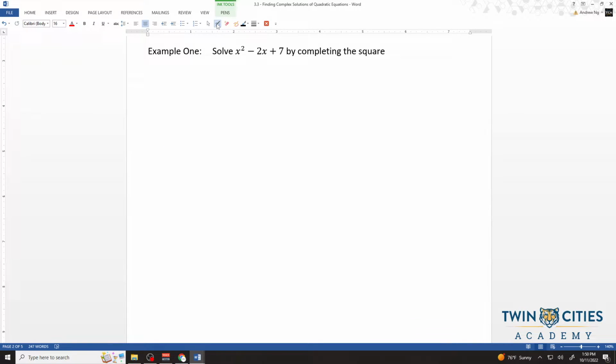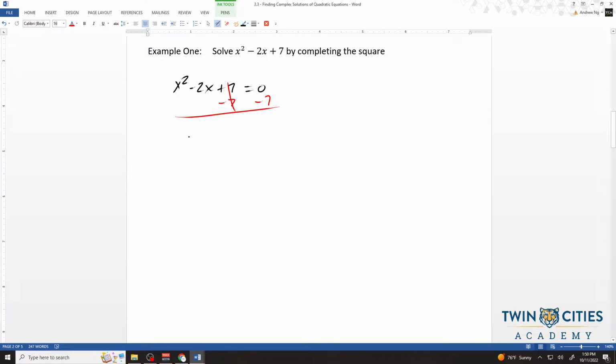All right, let's begin by rewriting the problem. So we've got x squared minus 2x plus 7. And I'm going to set this equal to 0. And let's subtract 7 from both sides so that we can get these x terms isolated over here. So subtract 7.